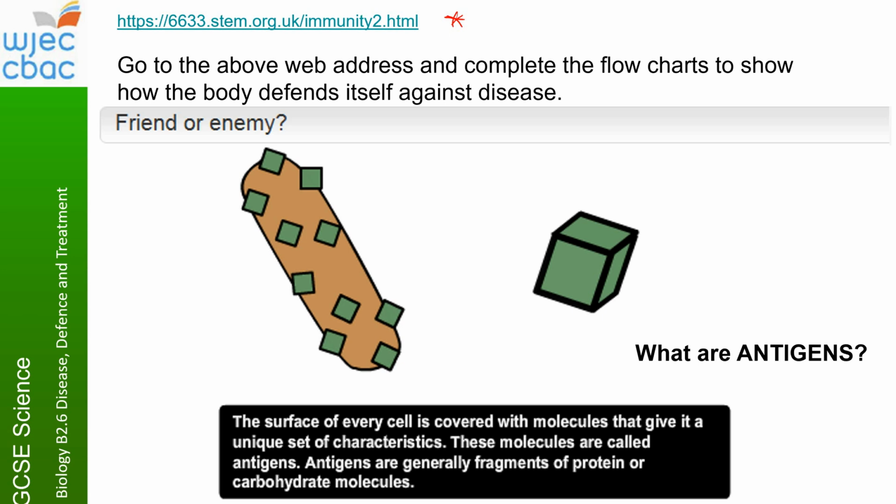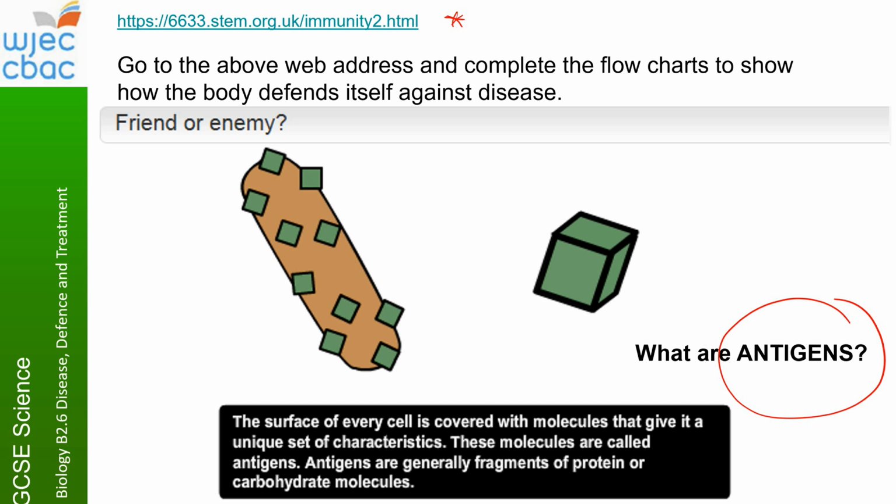So as I said to you previously, any foreign substance that enters your body is covered with molecules called antigens, okay? So, for example, this brown kind of sausage-shaped structure, okay, is supposed to be some kind of cell, or it could be pollen, it could be a microbe, it could be anything, and it's covered with green squares, and these green squares are our antigens, okay?